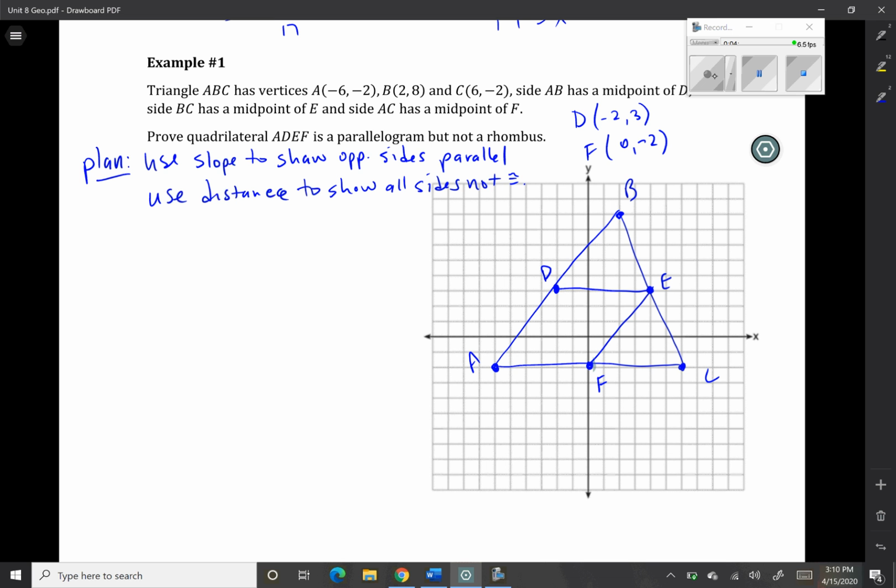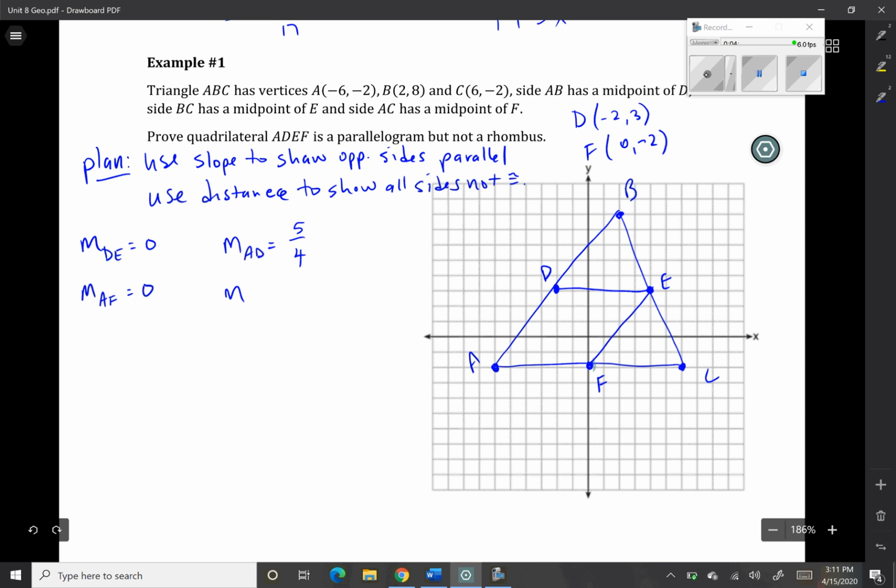So let's first start with slope. So the slope of DE, it's a horizontal side, so that's a slope of 0. The slope of AF, also a horizontal side, so that's also a slope of 0. The slopes we have to actually count boxes on are AD. So that's going to go up 1, 2, 3, 4, 5, to the right 4.